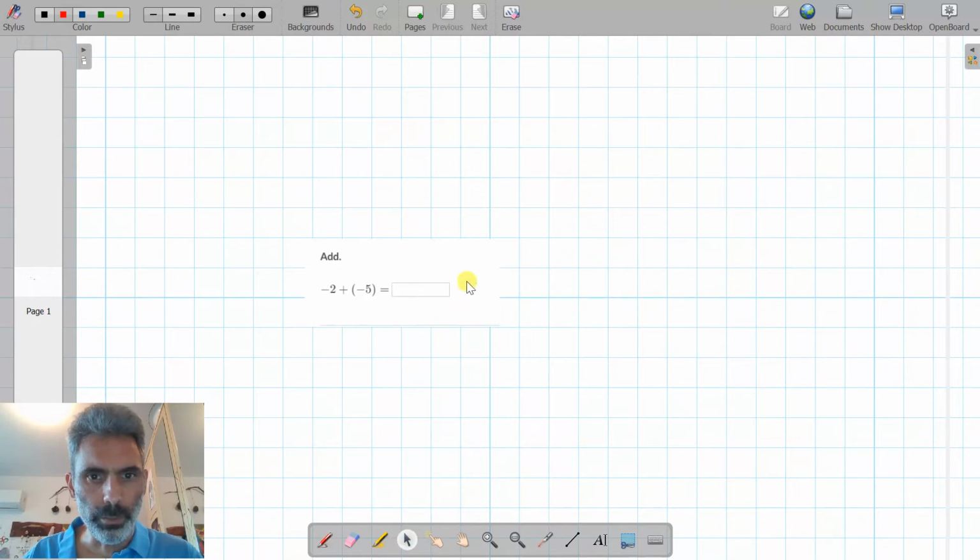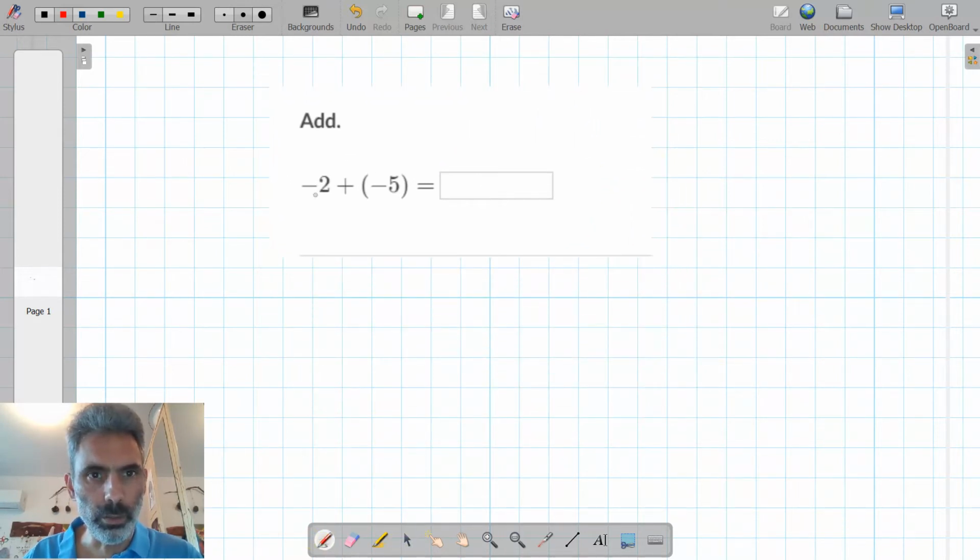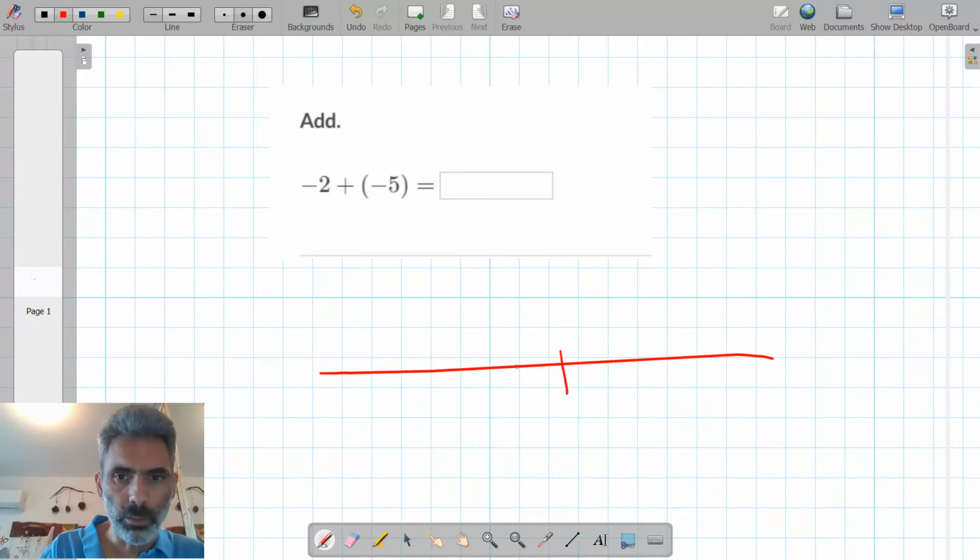Okay, so this is an addition problem, and we have two numbers with the same sign. So -2 plus -5. On the number line, we begin here at -2, and we need to go further to the left 5 more steps.